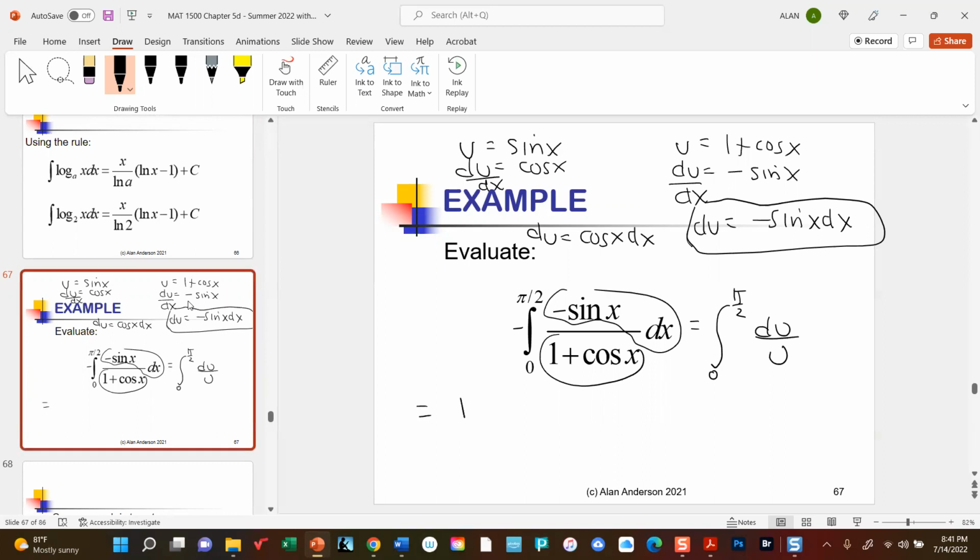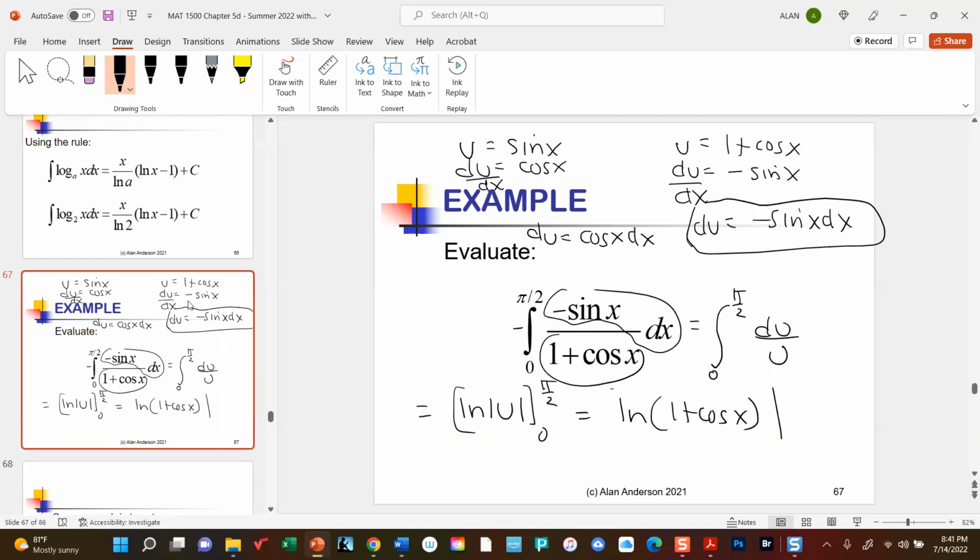So this is natural log of u evaluated from 0 to pi over 2, or we can rewrite that as the natural log of 1 plus cosine x from 0 to pi over 2.